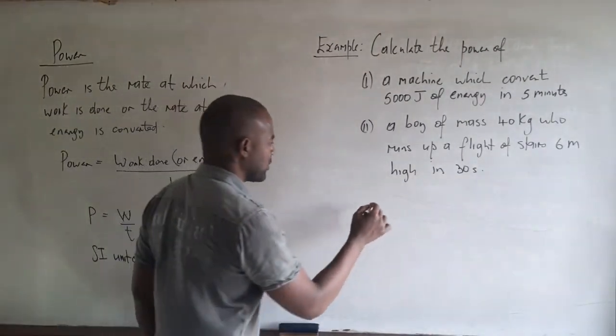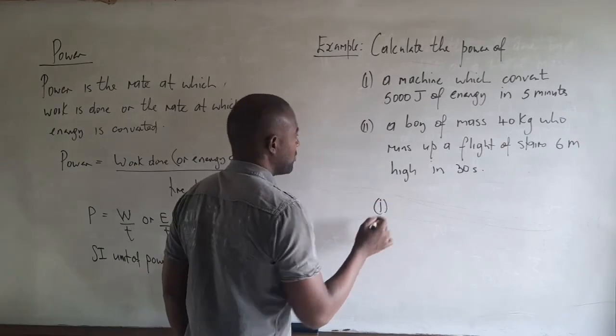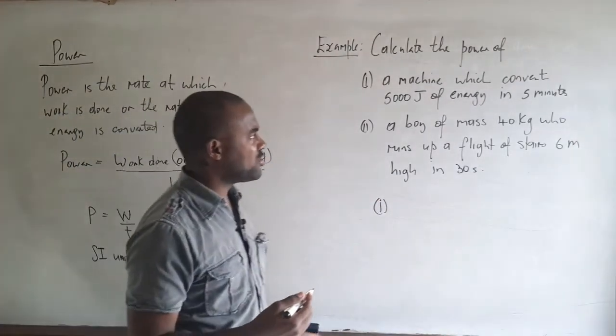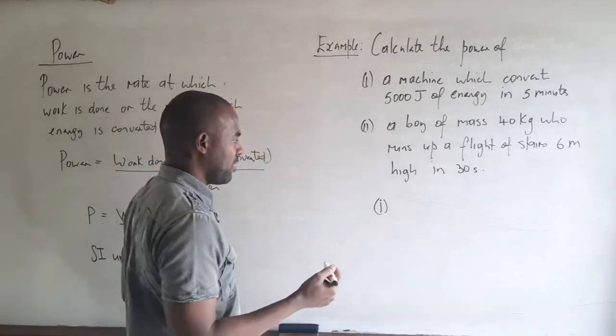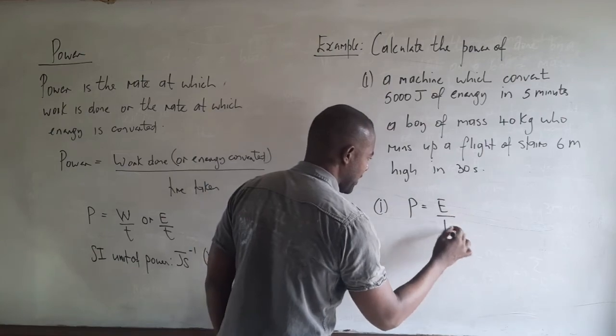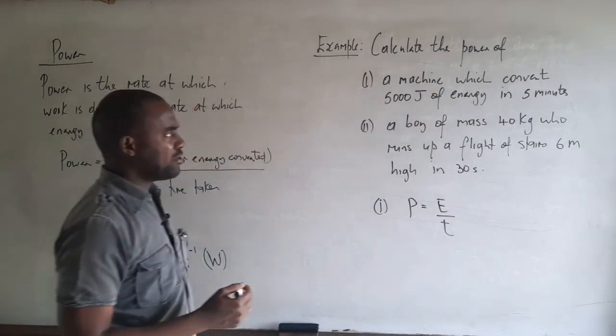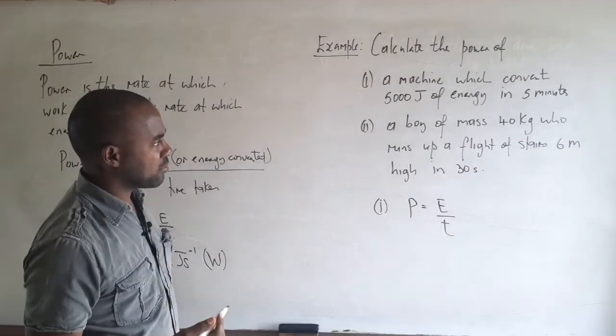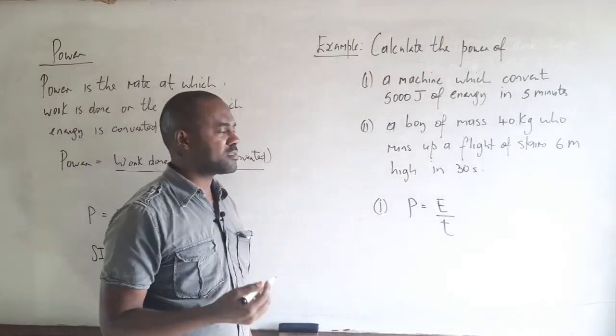So let's look at the first one. They want us to calculate the power of a machine which converts 5,000 joules of energy in 5 minutes. So the formula, of course, is power is equal to energy converted divided by time taken. The energy is given in joules, whereas the time is given in minutes, so we'll have to convert the time from minutes to seconds.